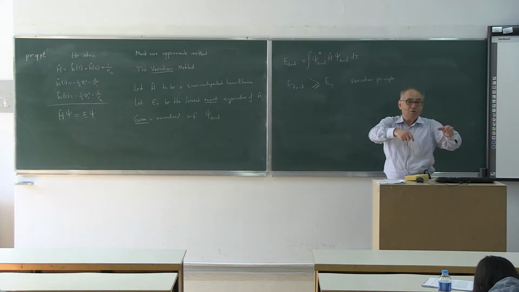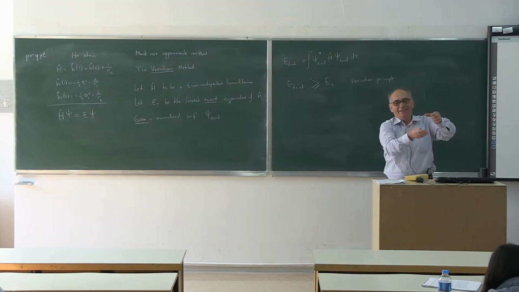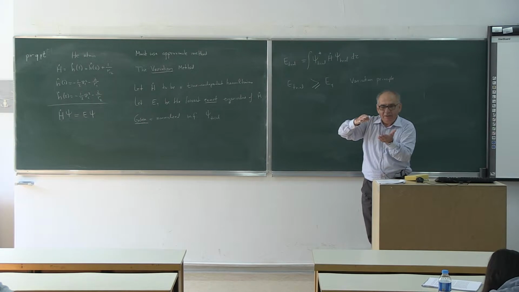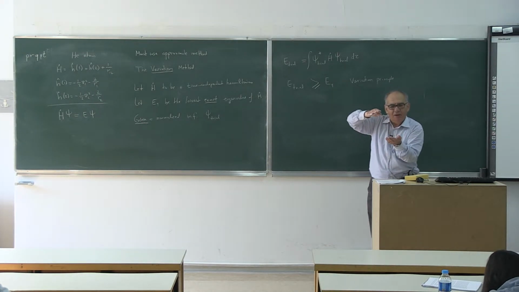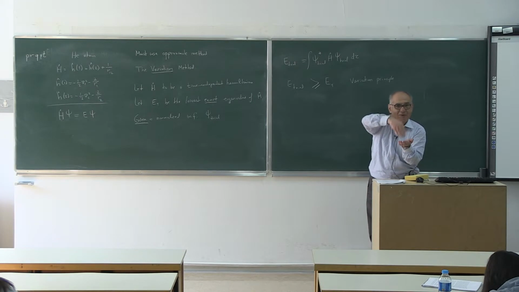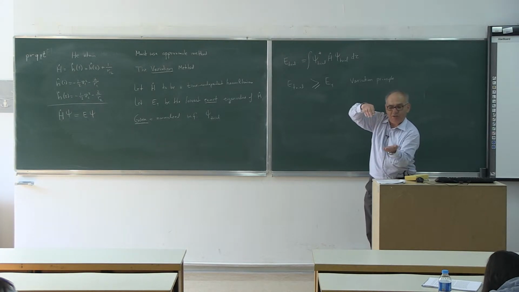The best value for E trial is still above the exact energy of the system. So if we can succeed in lowering the energy as much as possible, then we are approaching the true value from above, because the lowest value is here. Whatever we do, we are always above it.